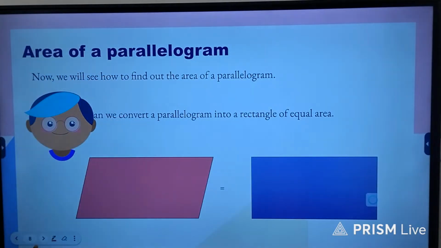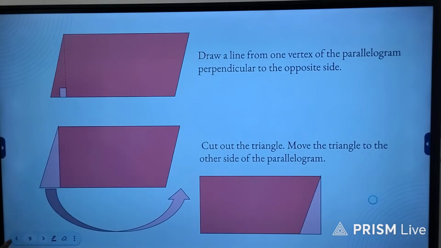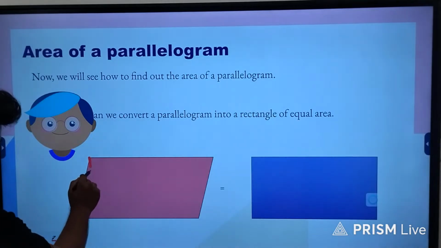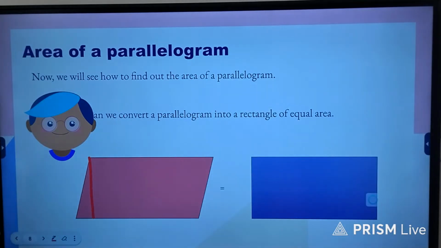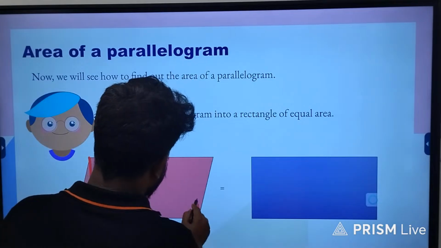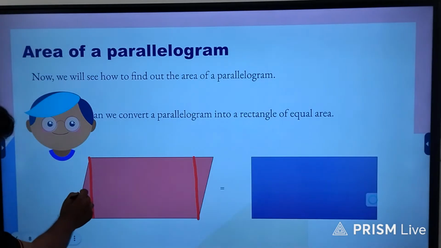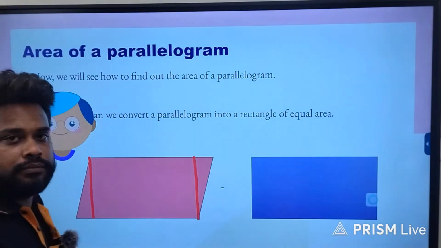In this method, we just consider this parallelogram as a rectangle, and to do that, we will cut this curved area.